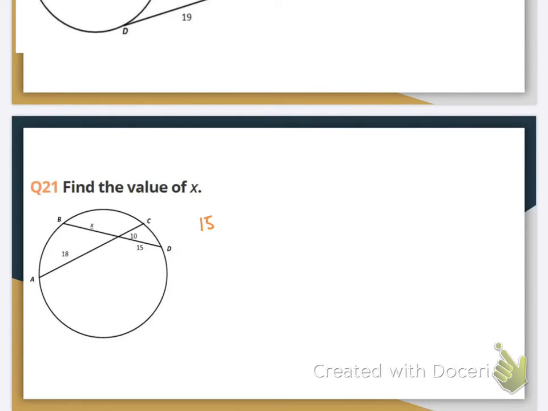So we have 15x equals 10 times 18. 15x equals 180. Divide by 15. I think this is the same problem we had the other day. I don't remember the exact answer though. 180 divided by 15 is 12. So x equals 12.